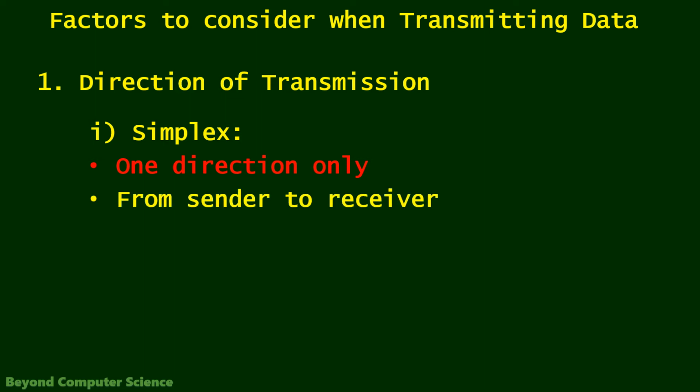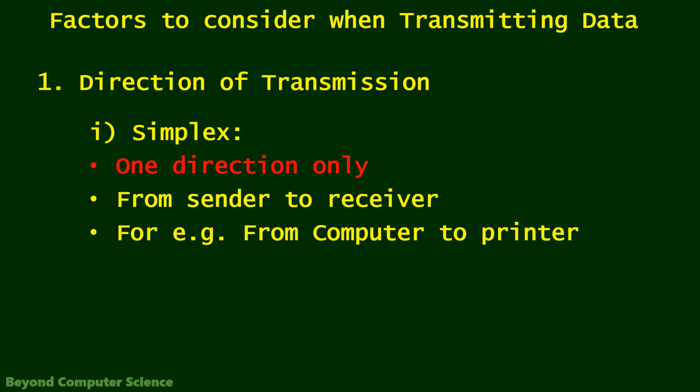From sender to receiver, for example, from a computer to a printer. In this example, the computer is always sending files to print to the printer. The printer is never sending us files saying save these files for me or do something else. Printers can send some signals of error, but those are not data.